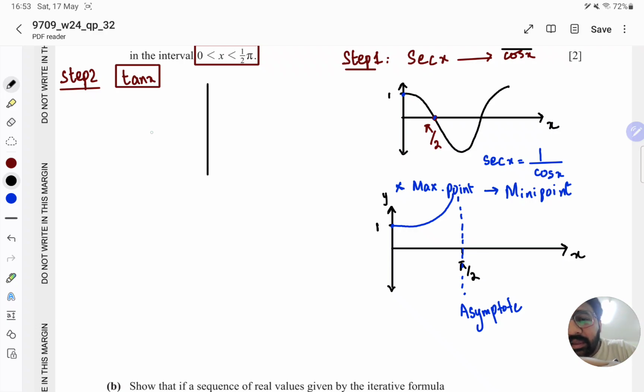Now for tan x, I have to draw it. This is going to be pi by 2, this is 0, and this is minus pi by 2. These are the asymptotes. The graph is going to look like this.